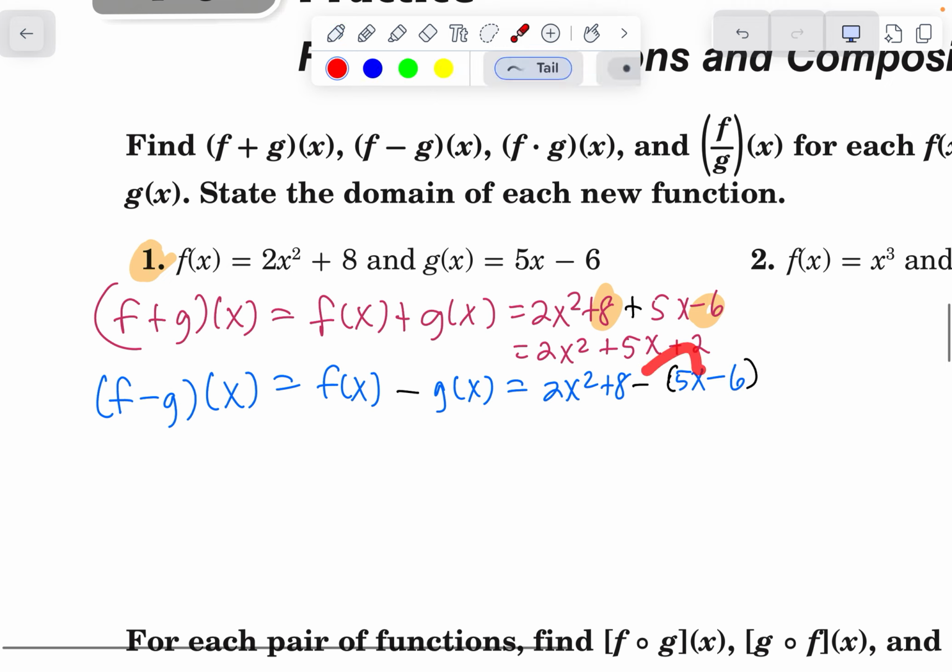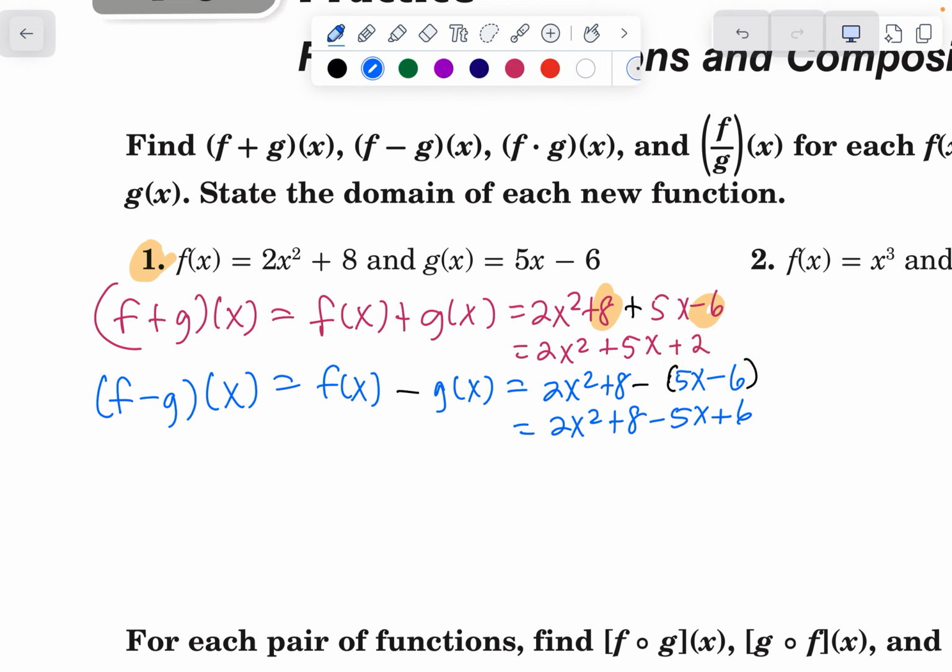You are subtracting the last function, so make sure that you understand that as you go through that process. And so we get 2x squared plus 8 minus 5x plus 6. See how it changed the sign of this one and this one. Distribute to both, please. Then do exactly what we did for the first. It would be 2x squared minus 5x plus 14.